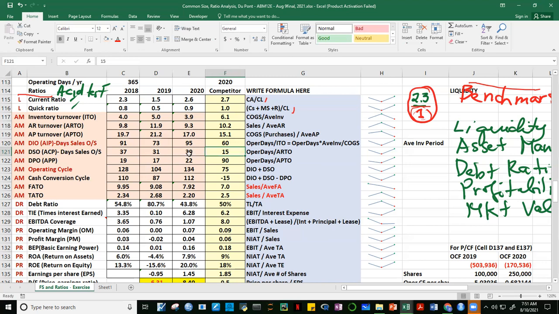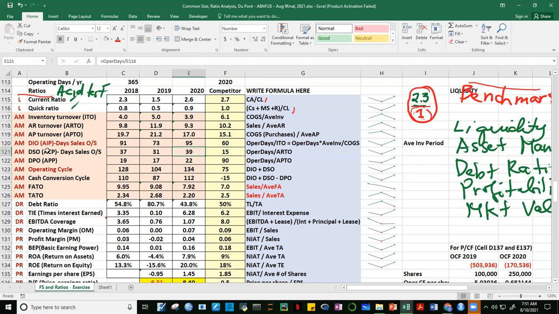So what could be the cause of this? Are the credit terms we give too long? Or is the collection department not good, not following up well? Or do we have policies that are not good, or are we not accepting post-dated checks so we have assurance that the checks are dated at the time our customers should pay? Again, a lot of questions here, because our competitor takes 15 days and we take 39 days.